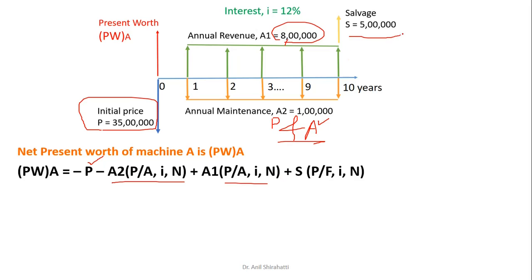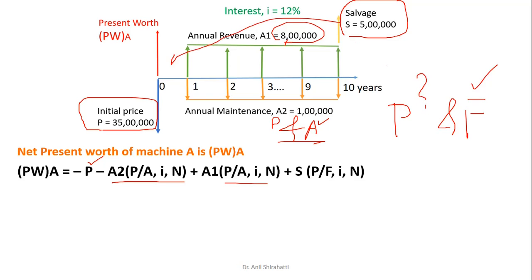Then there is a salvage value at the end of this term, that is 10 years, and as this is happening in the future, there is a relationship between P and F value. F is known to me, I have to find the value of P by moving this one to the 0th position. So what is the P value here? P is nothing but S, P by F, I comma N. Here I is again 12%, but N is 10 years, because from the 10th year I have to move to the 0th year.